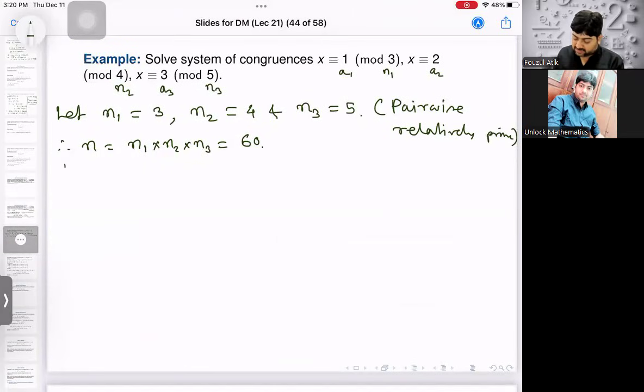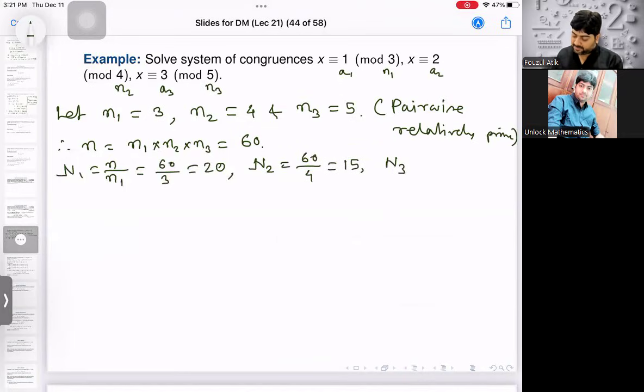N1 is equal to small n divided by small n1. So 60 divided by 3, capital N1 is 20. Similarly, capital N2 is 60 divided by 4, which is 15. Similarly, capital N3 is 60 divided by 5, so it is 12.